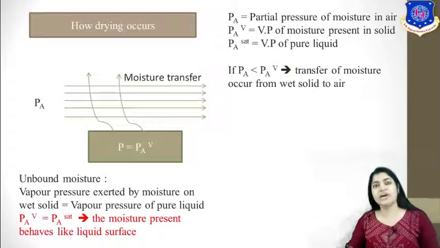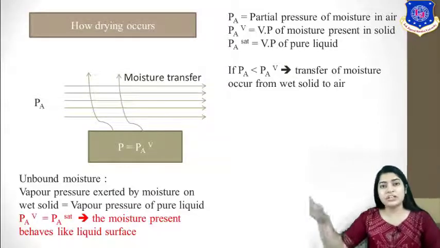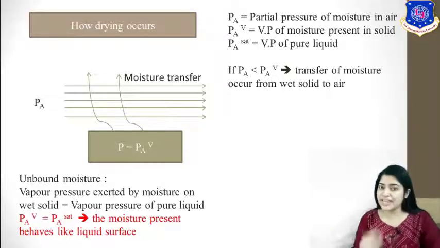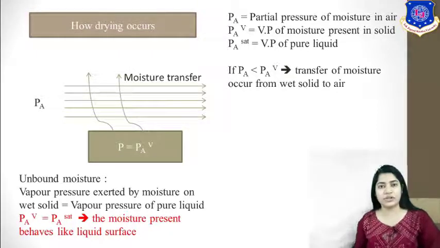Just when you're taking out your clothes from the water, it is extremely wet. So a thin film of liquid covers the solid surface, and if the vapor pressure exerted by that moisture is equal to the vapor pressure of your pure liquid, then that is your unbound moisture.